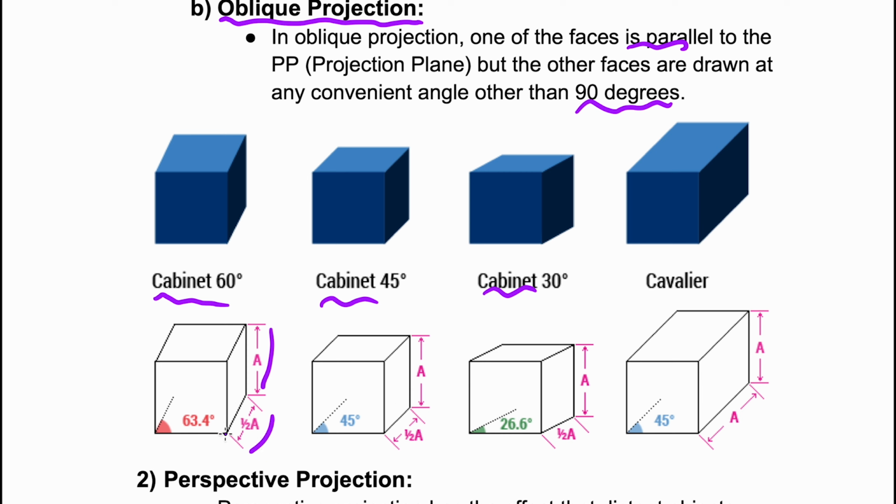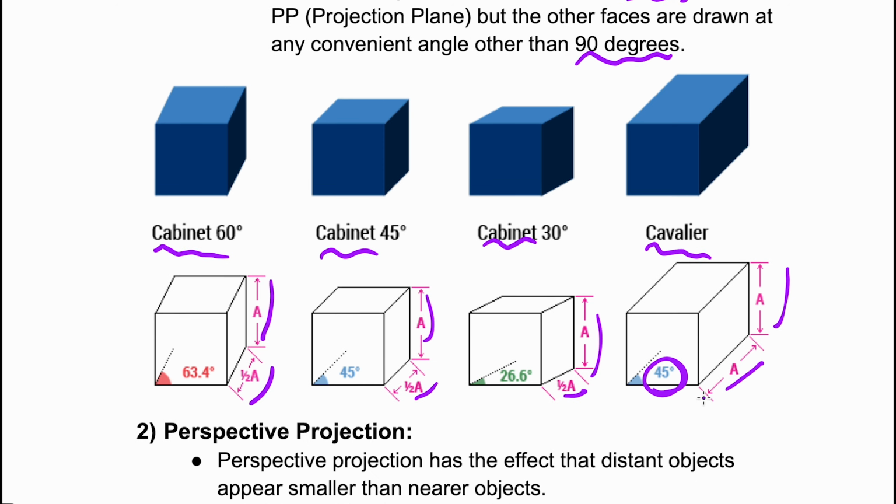It doesn't matter the degree of the side view. The only thing that matters here is the length of these views. But in Cavalier projection, you're going to have the side view and the front view at the same length. And of course, to do that, this angle is going to be 45 degrees.